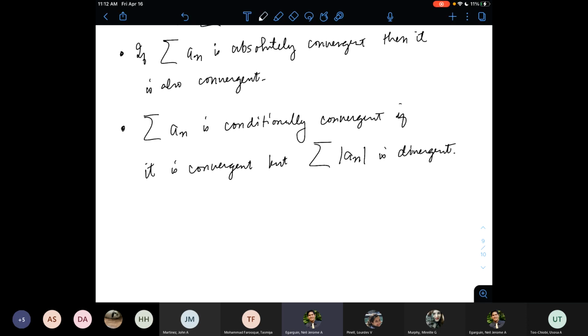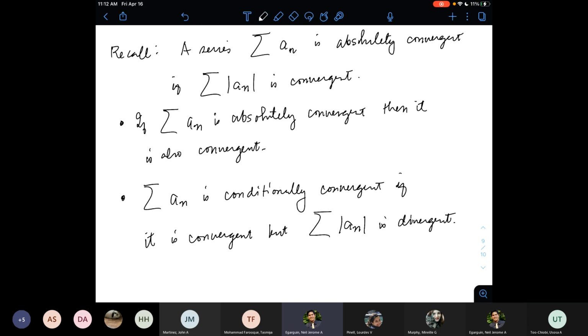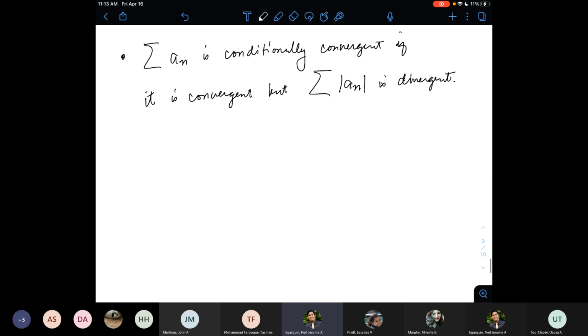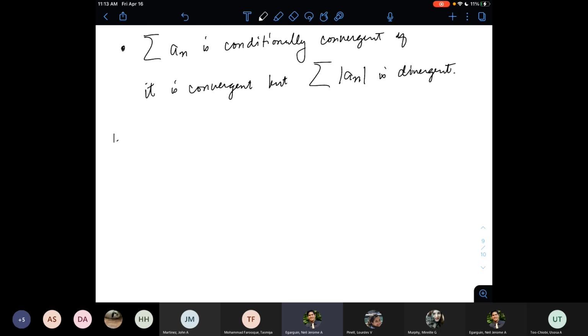So these are the definitions of those. Let's go to Herson's question to exemplify these concepts. We are dealing with the sum of (-1)^n over ln(n + 10), going from 2 to positive infinity.